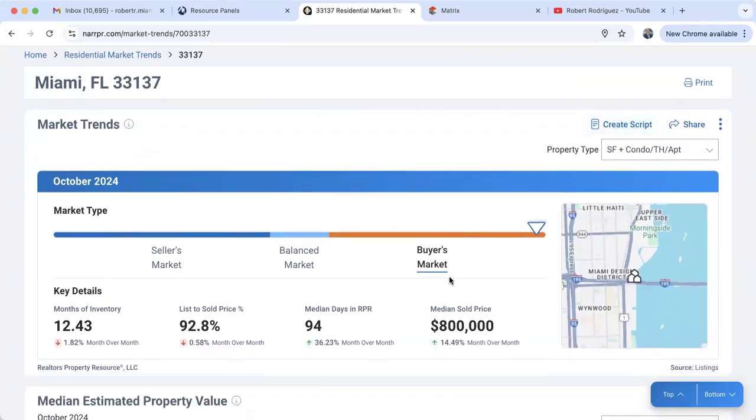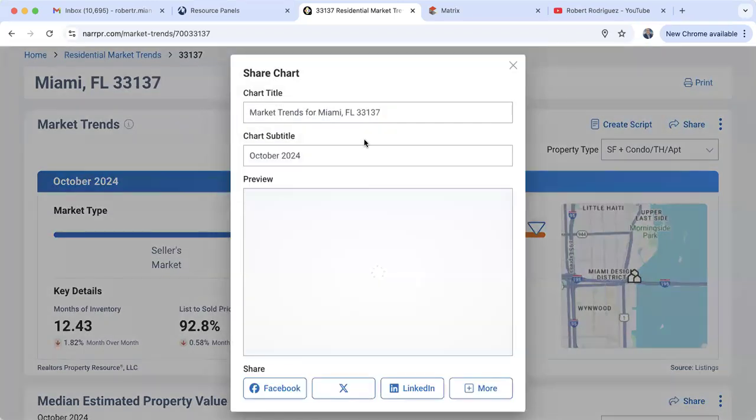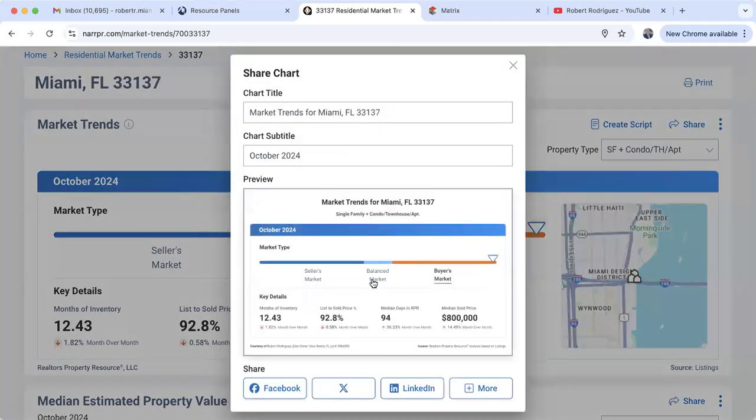If you just want to share this, you're going to go here to share, right? You're going to be sharing this right here. And you have Facebook, you have X, you have LinkedIn, and then you click on more and you can create a JPEG, so basically an image file, which you'll save to your computer. And now you can share it across all of the platforms.